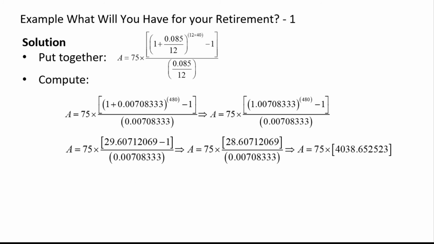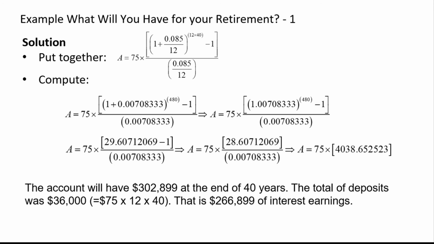So we'll go to A equals 75 times, compute the quotient of the previous 28.60712069 by 0.00708333, and that quotient will be 4038.652523. Now multiply that with the payment of $75. The account will have $302,899 at the end of 40 years.